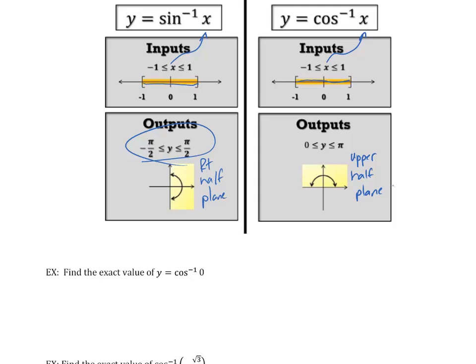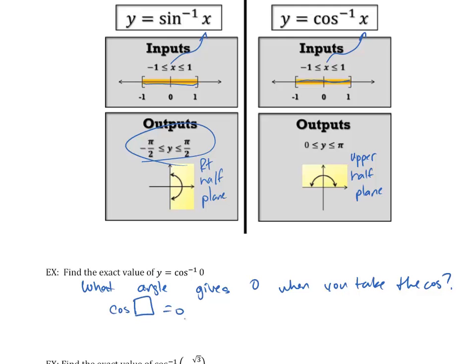And again, it goes back to the reason of, in order to have an inverse function, you have to have a one-to-one function. So think about the exact value of y equals cosine inverse of 0. Okay, this is asking what angle gives 0 when you take the cosine. All right, cosine of what gives me 0?